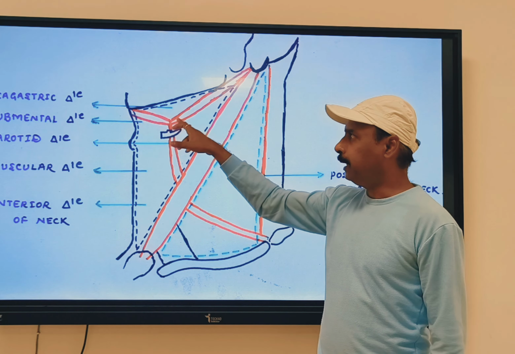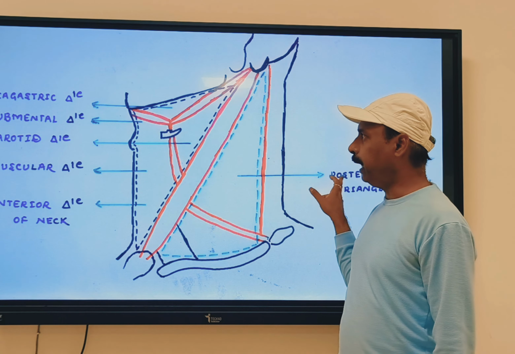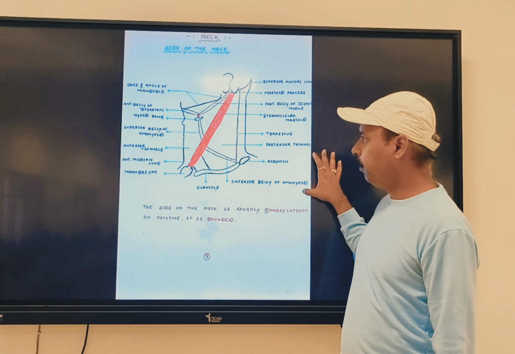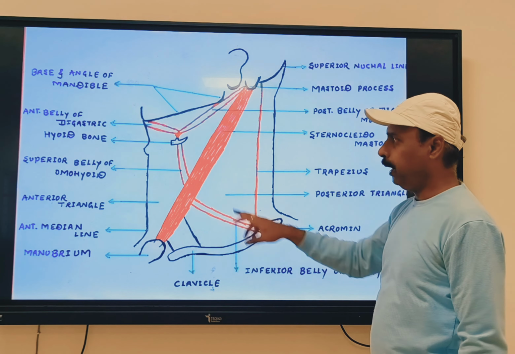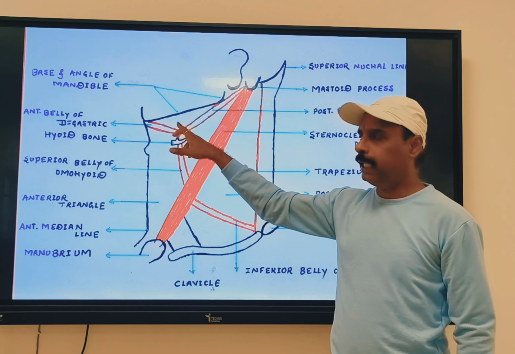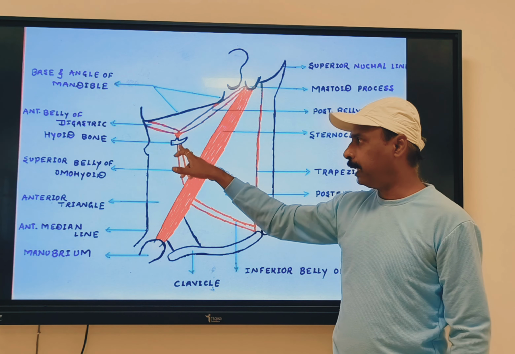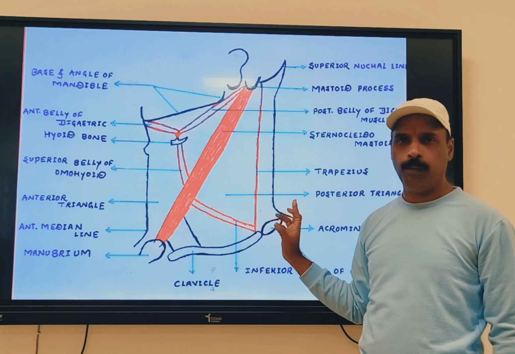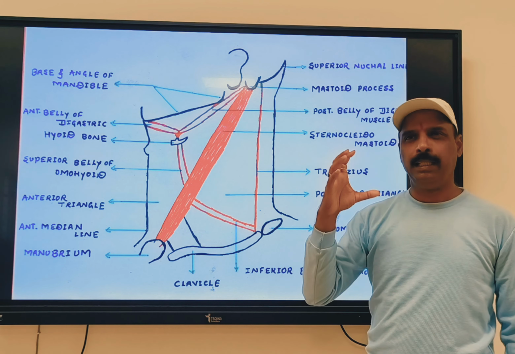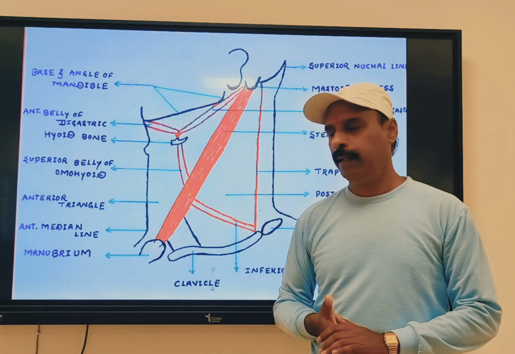This is the posterior belly of the digastric. This is the superior belly of the omohyoid and the inferior belly of the omohyoid. So the muscle names are different, and you have to remember them here.